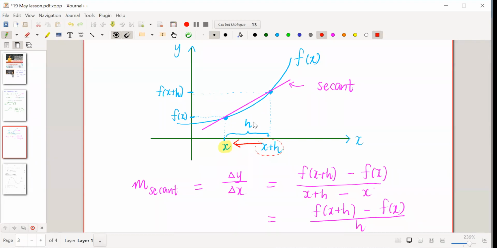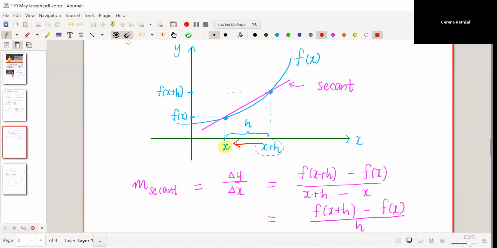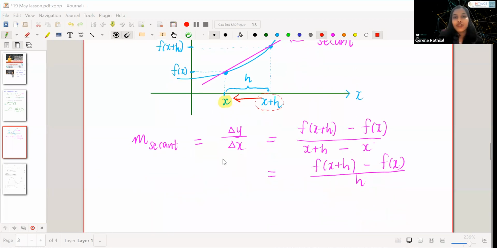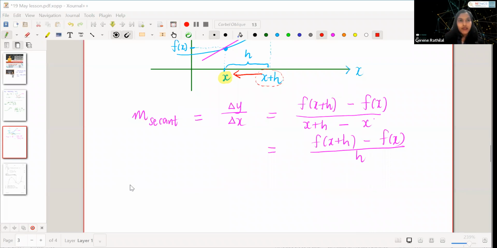We want the distance between the 2 points to become as small as possible. That's the idea that we've gotten here. And so think about this. If the distance between the 2 points is becoming smaller, if x plus h is tending towards x, then what's happening to the value of h? So let me write that down.